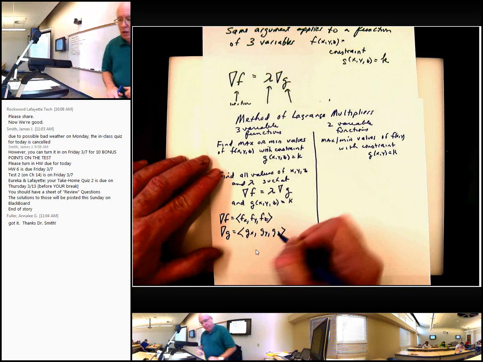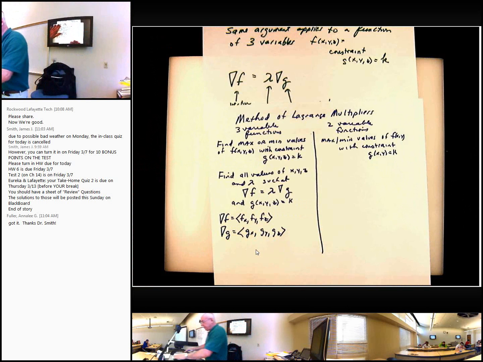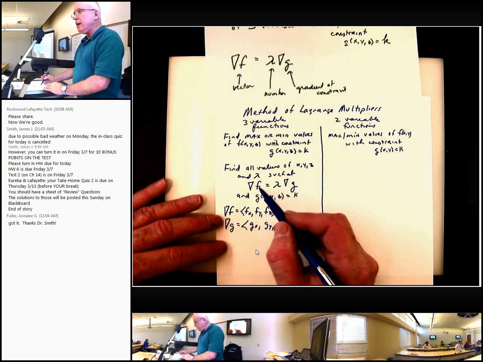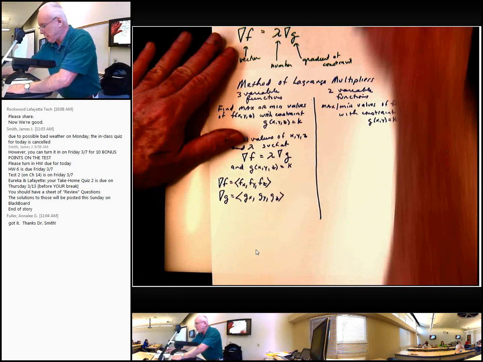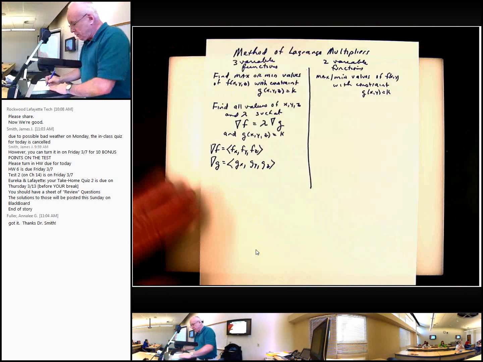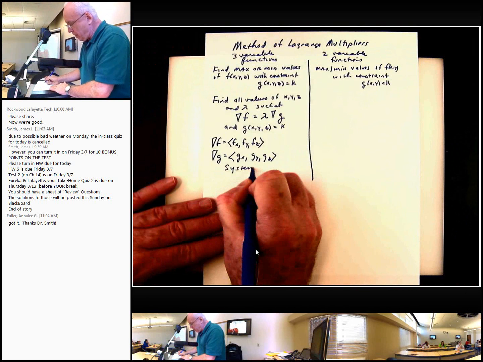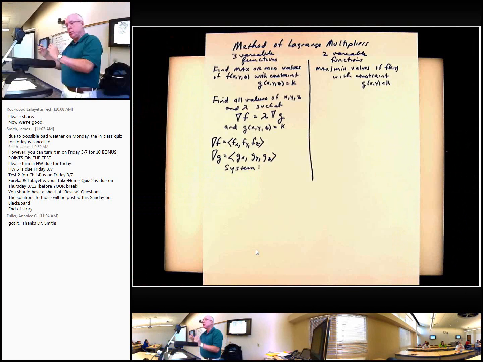So what we're talking about here is this system of equations. We want the gradient of f equal to lambda times the gradient of g. We equate the components.